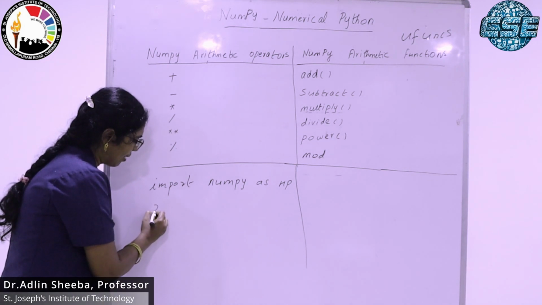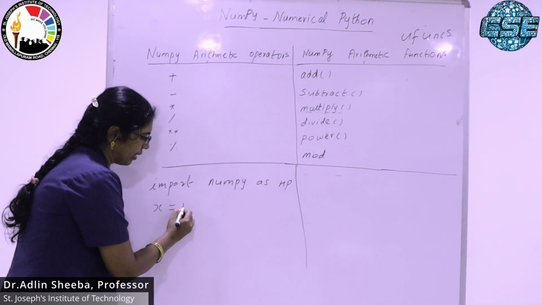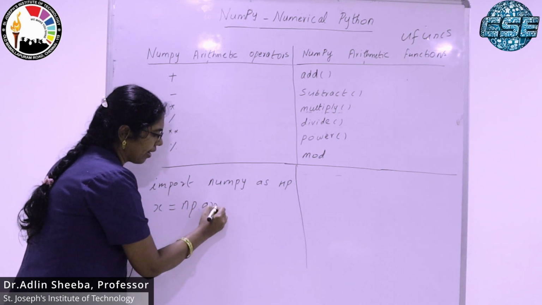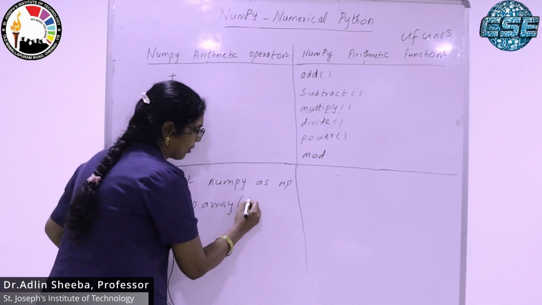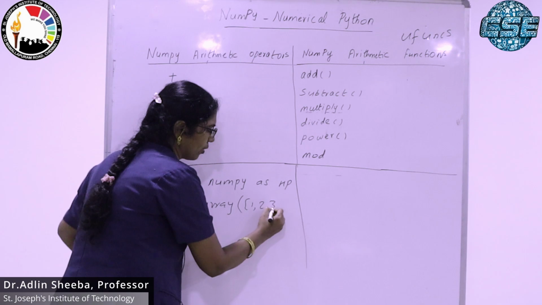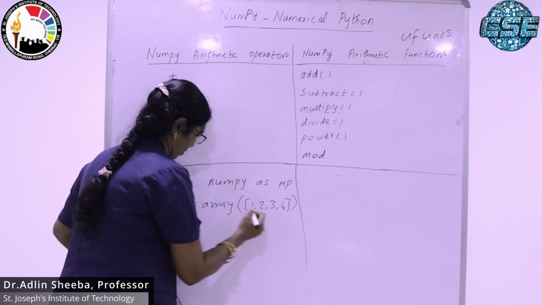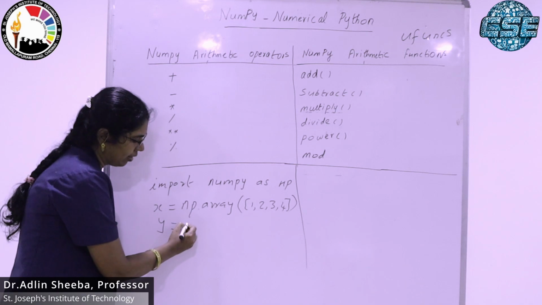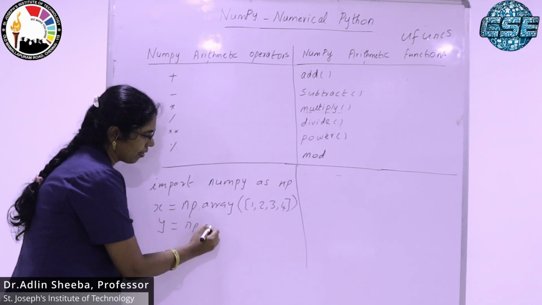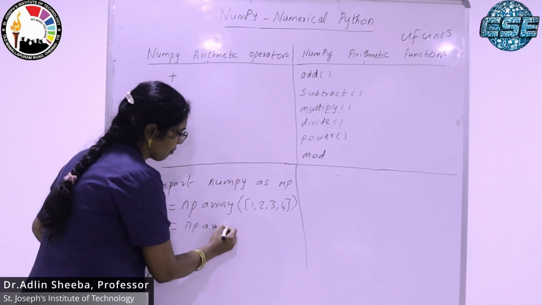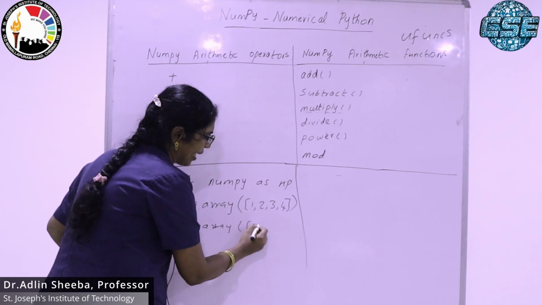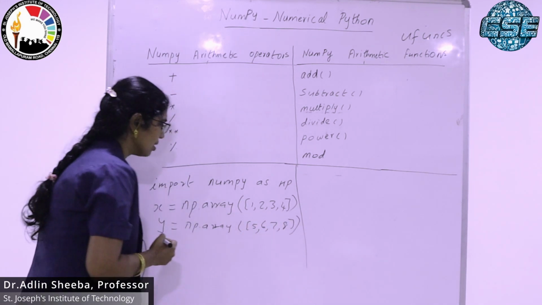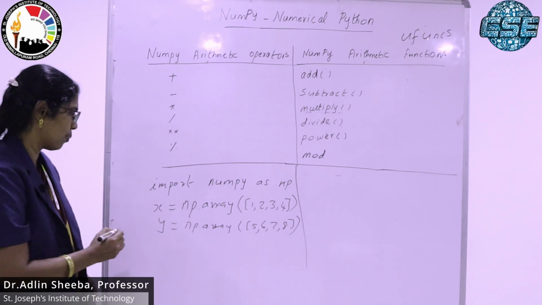So for this, I am giving x equal to np.array of, any array I am creating, 1, 2, 3, 4. And then I am creating one more array, y equal to np.array of 5, 6, 7, 8.